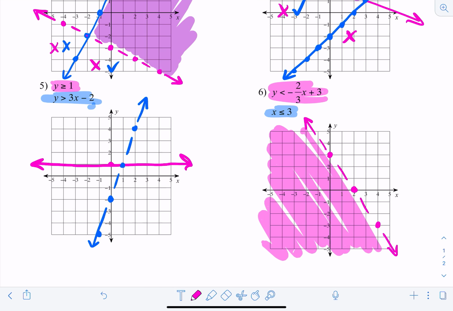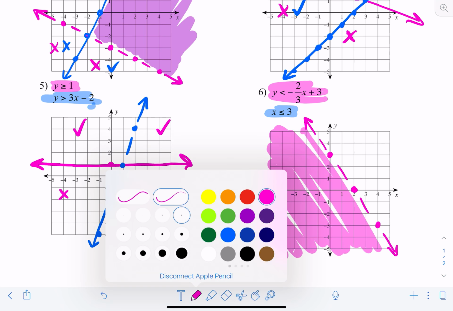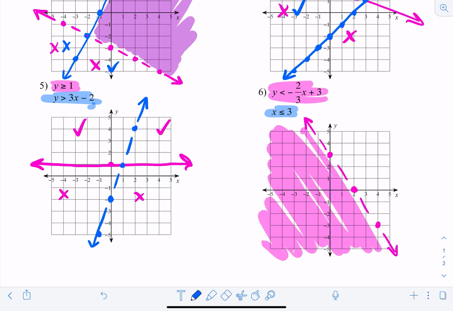For pink, this worked and this worked. This did not. This did not. And if I think about blue in terms of this problem, we're talking about greater than the blue line. That would be yes and yes. These are no's. So where is the spot that makes them both true? Only over here.